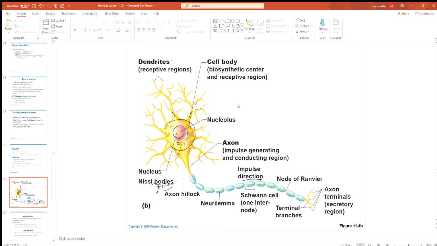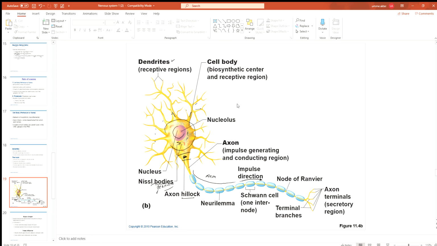So dendrites are short branching multiple processes, and also from the cell body a single long process arises, and that is called the axon. And the area from where the axon starts is called the axon hillock. So this part is called the axon hillock, where the axon is attached to the cell body.